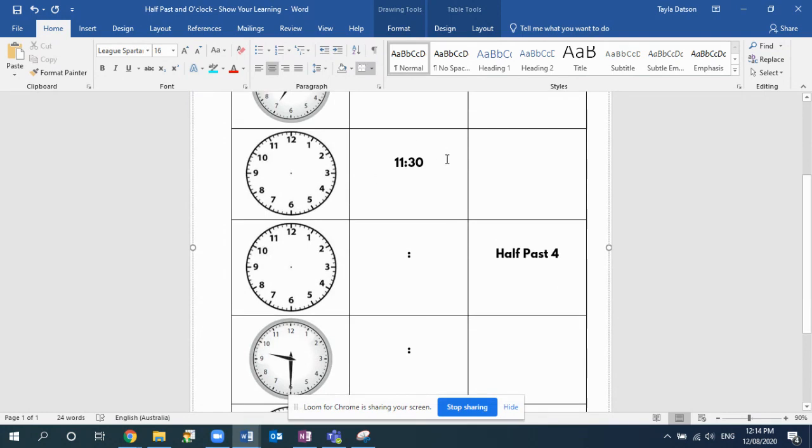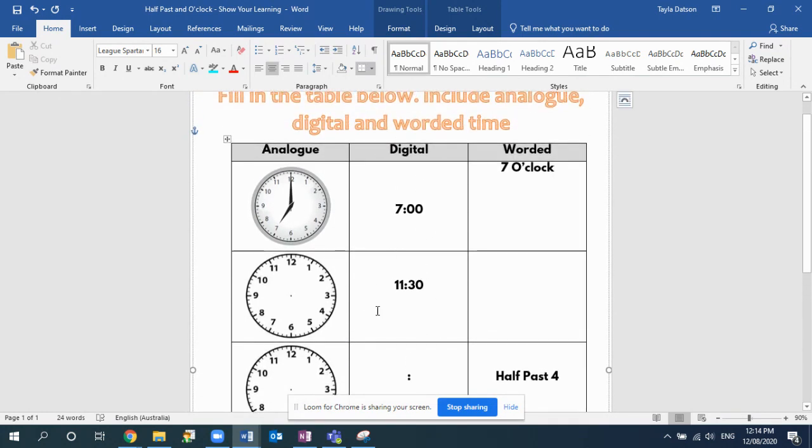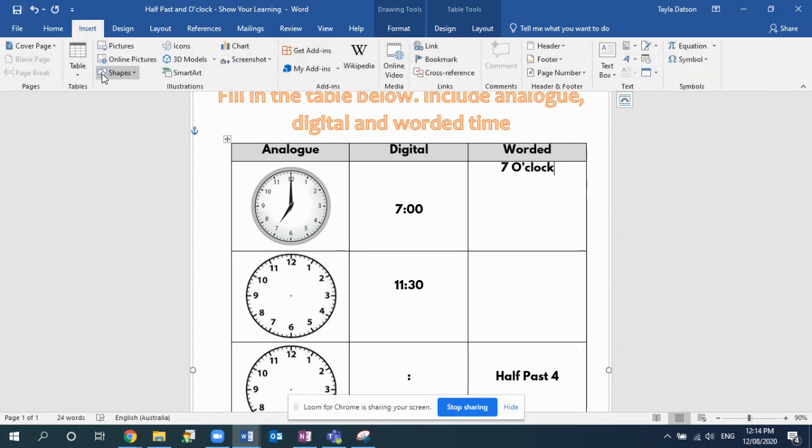For the next question, I can see that I've been given the digital time and I need to show it on my analog clock. If you are completing your worksheet using Microsoft Word or using your computer or iPad, you can click in Insert, Shapes, and you can find an arrow that sort of looks like a hand of the clock.